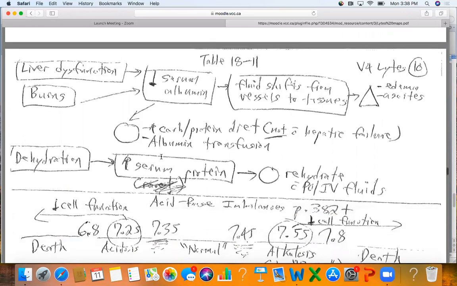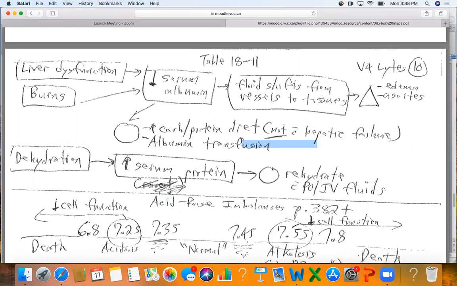What can we do in the circle to try and combat this problem? Increasing protein intake, though you don't want to do that too much if there's hepatic failure, but just hold that thought for a later unit. And if it makes sense, an albumin transfusion.